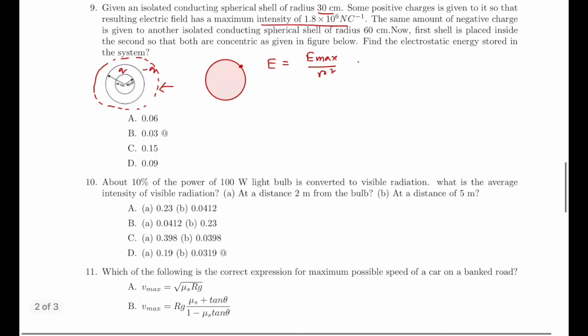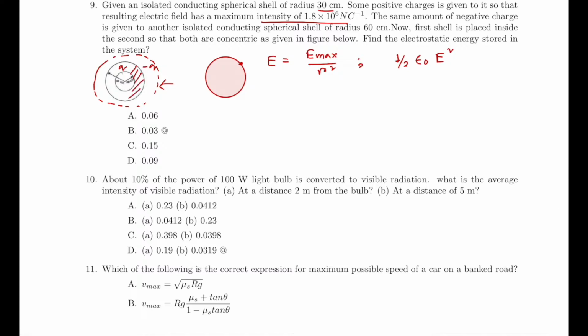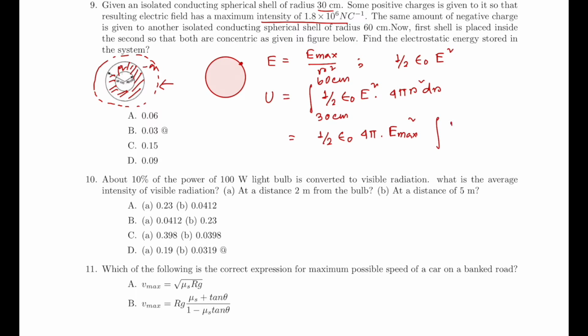And we know the electrostatic energy stored per unit volume is half epsilon E squared. So the electrostatic energy stored in this volume is U equal to half epsilon 0 E squared into 4 pi r squared dr from 30 centimeter to 60 centimeter, and that is basically half epsilon naught 4 pi E max squared into 1 by r squared dr into r squared, and 1 by r to the 4 into dr into r squared, because there is E squared.